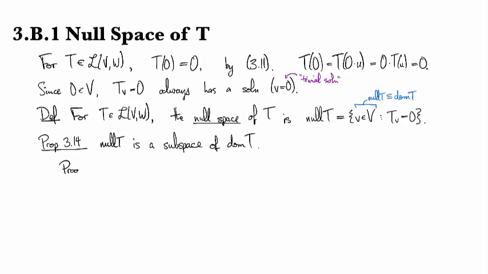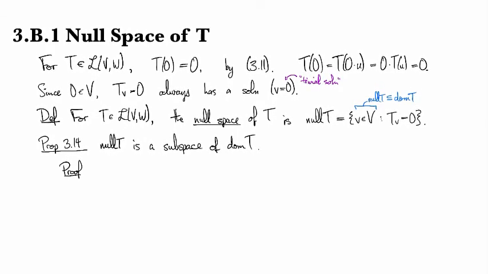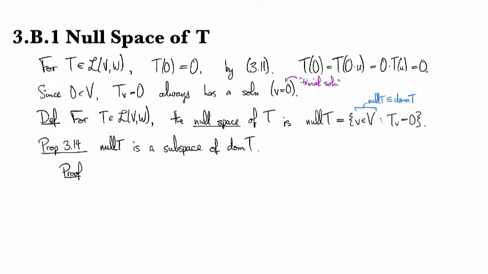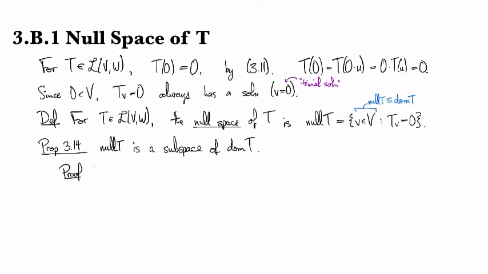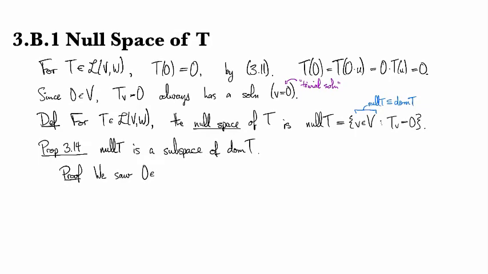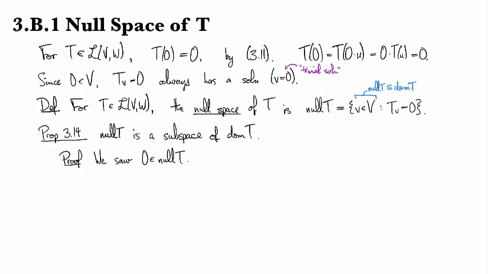And the proof just comes by straightforward checking of the closure properties. So let's see. We already saw that 0 is always included.